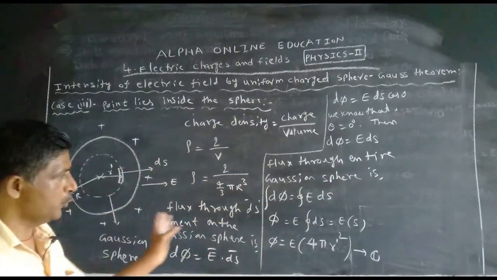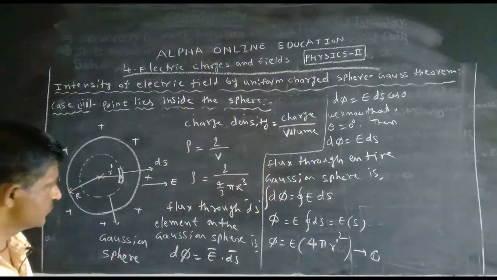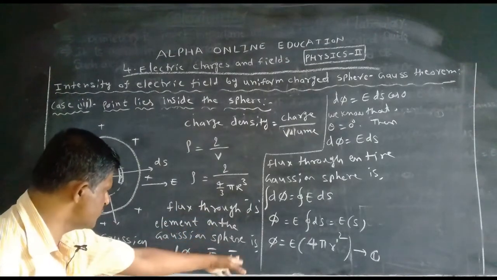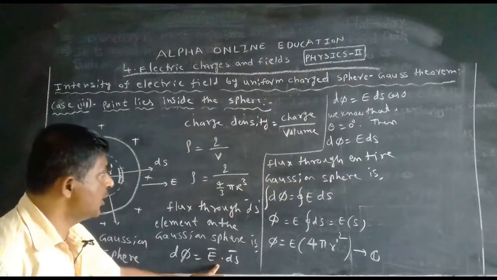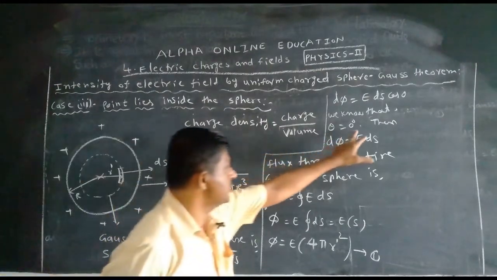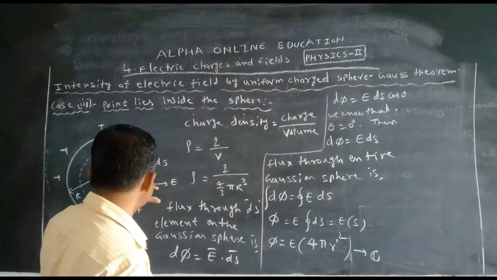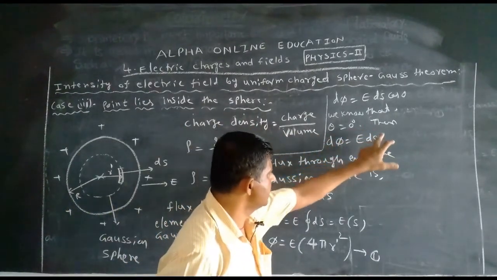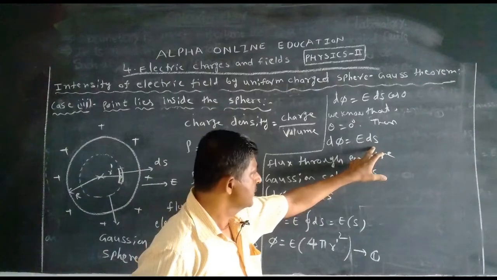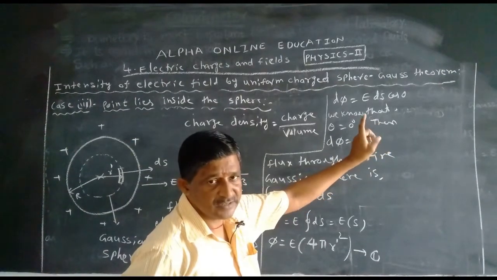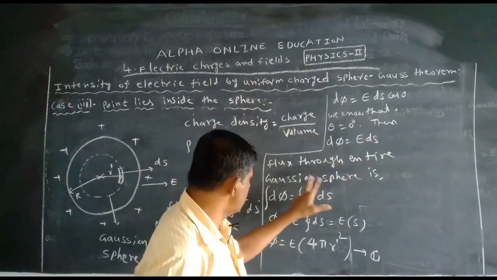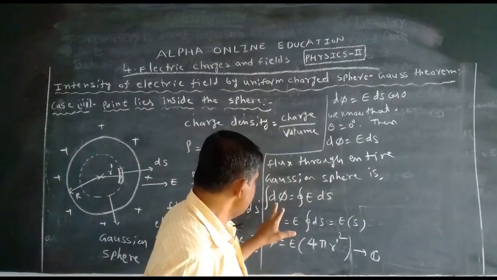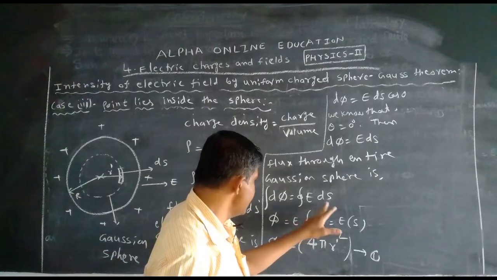That's why I can do it quickly. Flux through the ds element on the Gaussian sphere is this. We remove the dot product cos theta, because E and ds lie in the same direction. Theta is equal to 0, then cos 0 is how much? 1. The derivation is the same as the first case. So flux through the entire Gaussian sphere: integral d phi is equal to integral E ds.